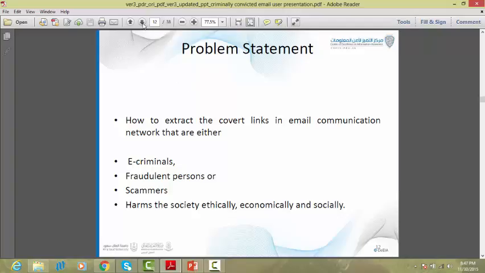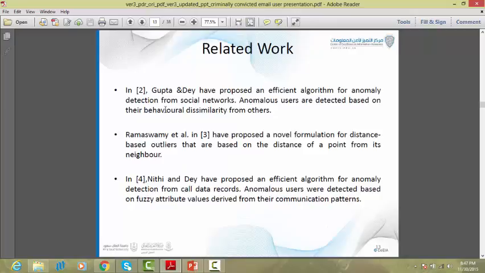So let me start with this one. Related work. Gupta and Dey have proposed an efficient algorithm for anomaly detection from social networks.